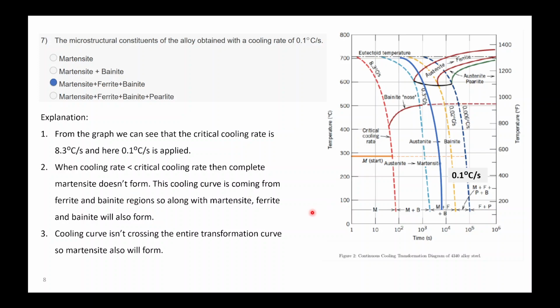So along with martensite, ferrite and bainite will also form, and the cooling curve isn't crossing the entire transformation curve, so martensite will also form. If this curve went through the finish line, then complete pearlite and complete ferrite would form, and no martensite would form.